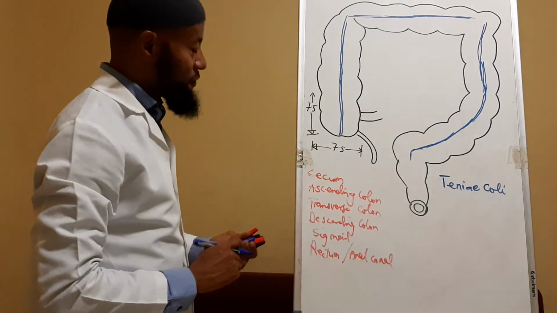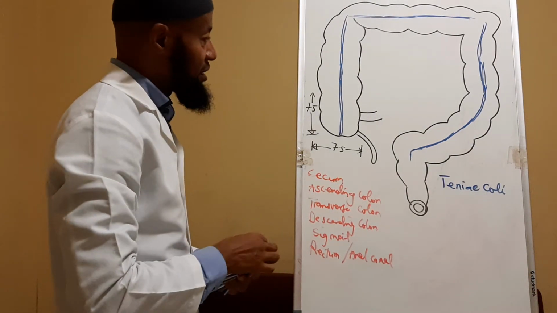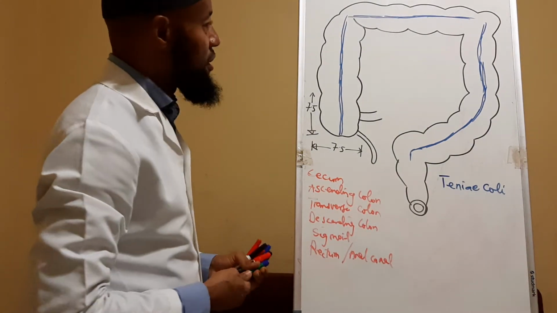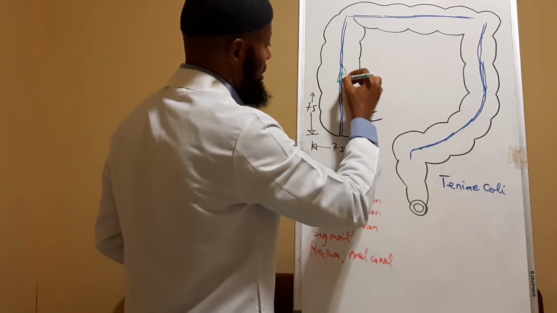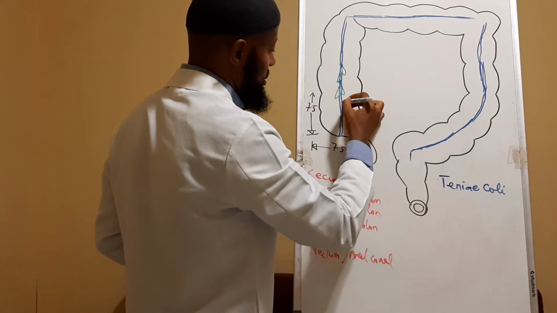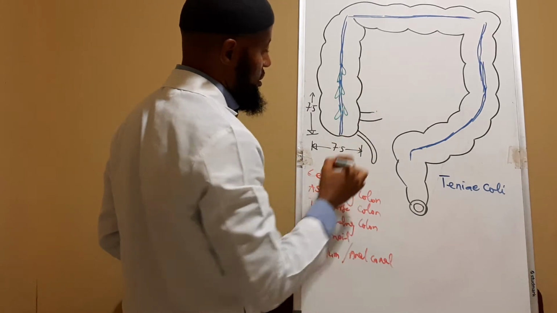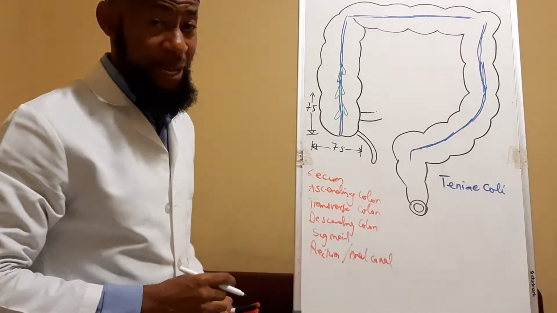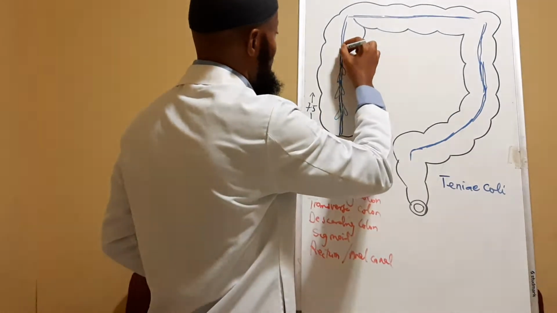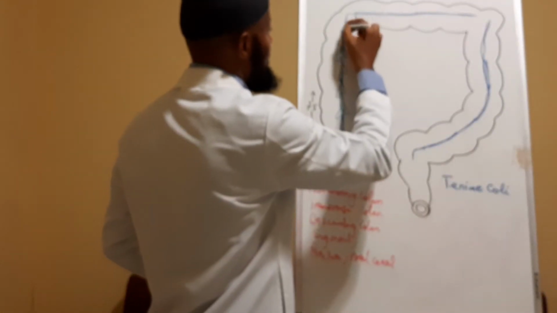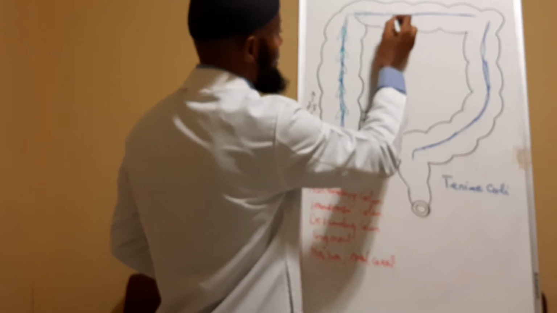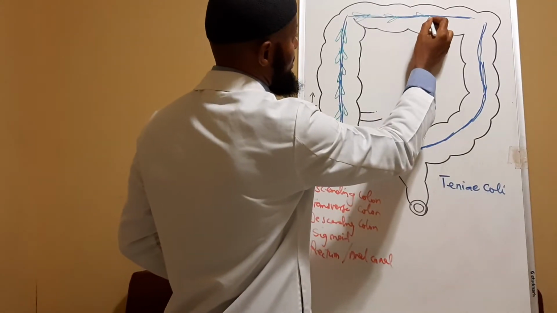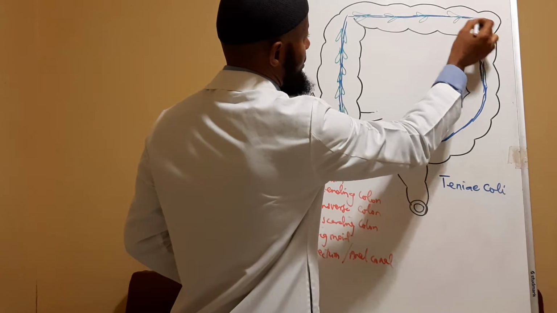The other thing you find in the large intestine is the presence of these things that are actually called omental appendices. These are omental appendices. All right.